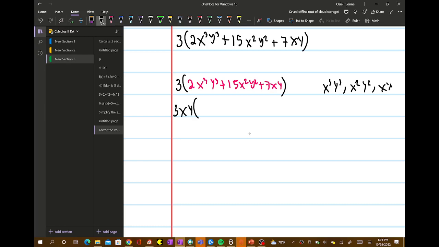and I'm going to do times 2 and x cubed y cubed divided by xy. That's x to the 3 minus 1, y to the 3 minus 1, which is x squared y squared.